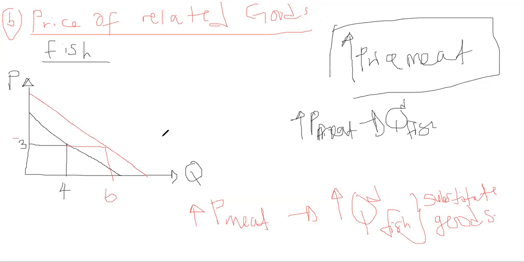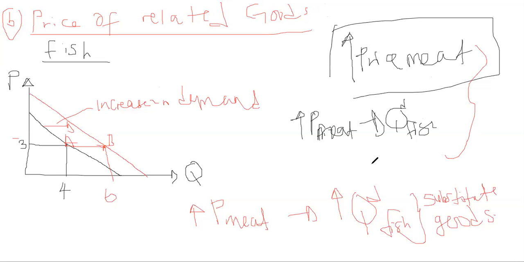So we move from A to B. This shift is an increase in demand as a result of what? Increase in the price of meat, because meat and fish are substitute goods.